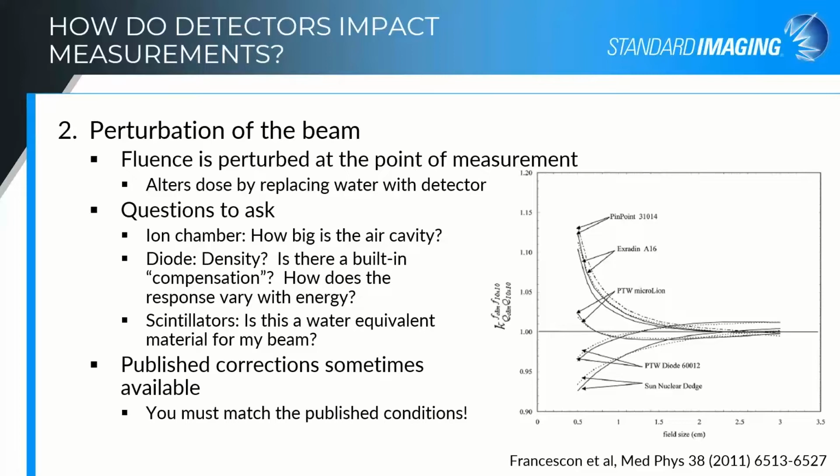With an ion chamber, you look at how big is that air cavity compared to the fields that I'm measuring. For a diode, it's really the density. We're looking at a higher density material with diodes. Some of them have built-in compensation, which is a lower density area right next to the high density portion in an effort to try and balance the energy dependency, the interactions of the field there.